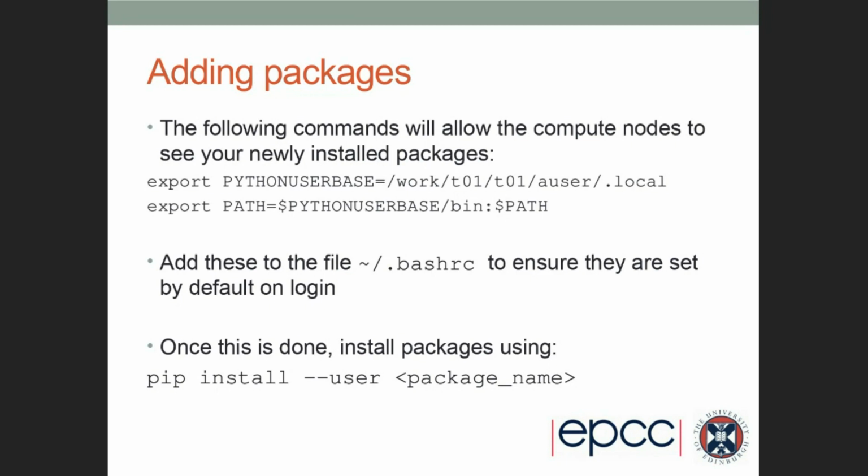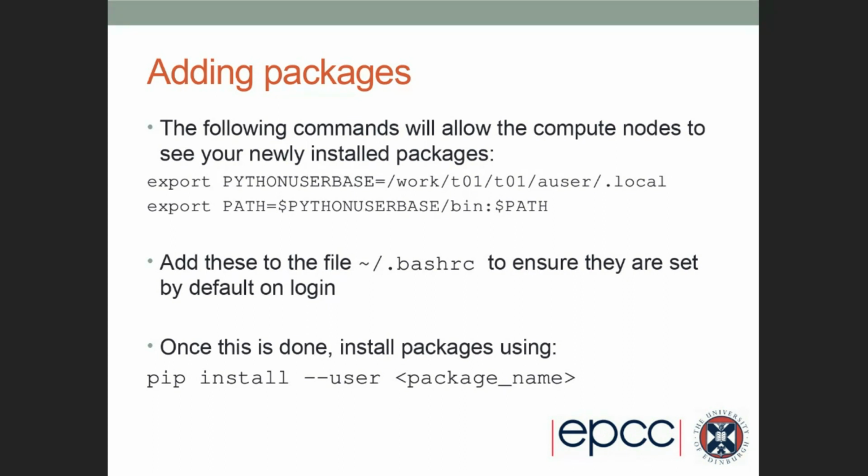You then need to add that path to your system path so that, basically, the packages that you install can be found. And the simplest way to do this is to add these two commands, the two exports, to your .bashrc, and if you do that, they'll be run on login, and you essentially never need to worry about them again.